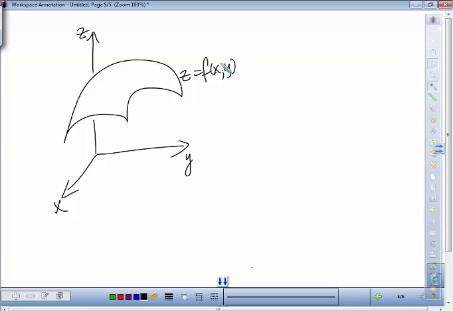This is my favorite surface. Yeah, kind of looks like Batman. All right. What are we going to do? Gradient.